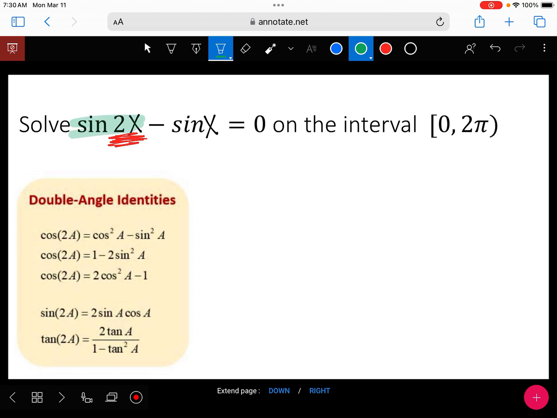So let's start by doing our substitution. If you look at your pink sheet, this is what the sine double angle equals. So I'll give you a minute to put in that substitution, and you're going to take out the GCF. From there, it should be pretty easy.